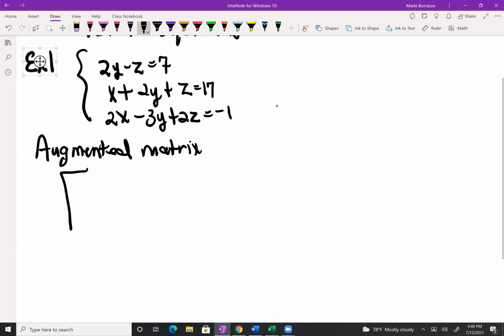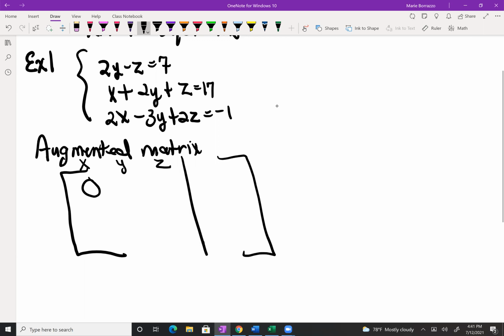So here we go. This augmented matrix has basically the format of X, Y, Z. And then what happens in the last column is the answers or solutions. So for example, this is 0, this is 2, this is -1, this is 7. The second line is going to be 1, 2, 1, 17. Do you see where these numbers are coming from?